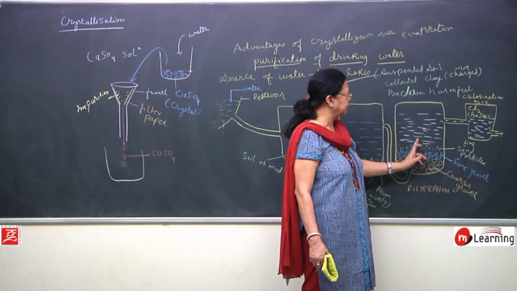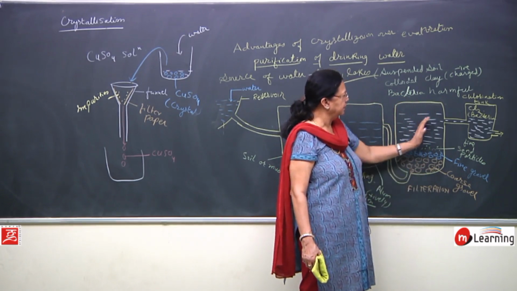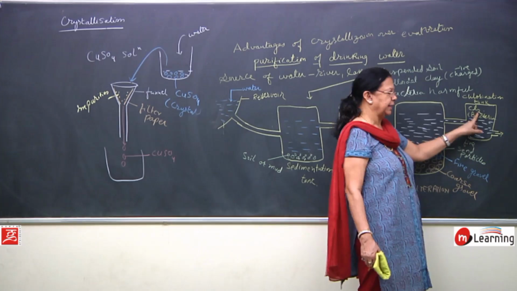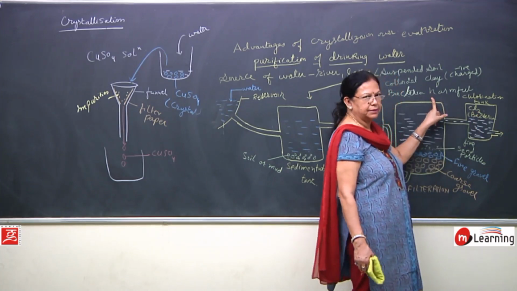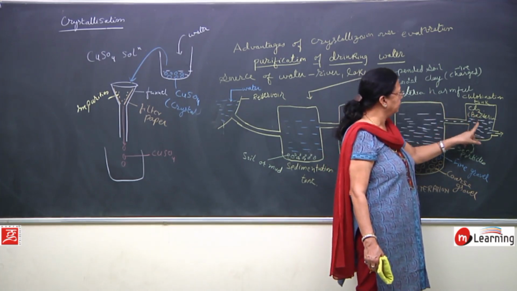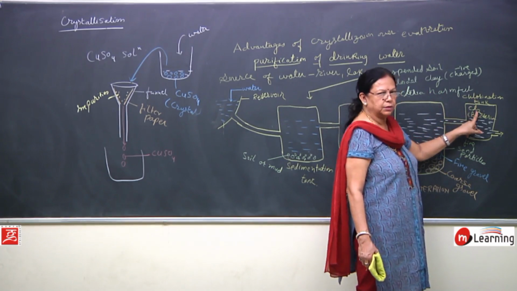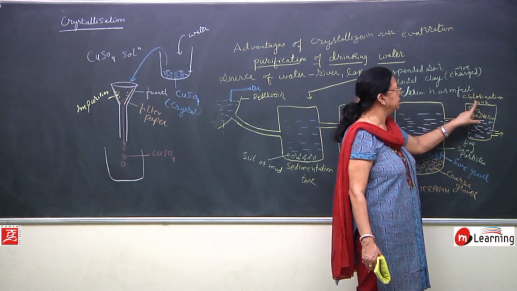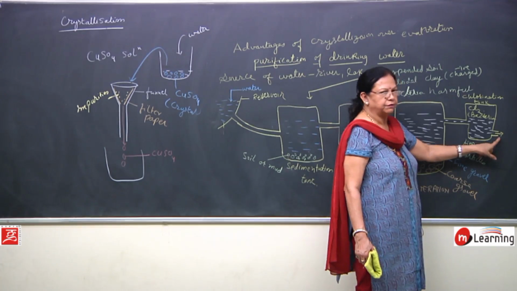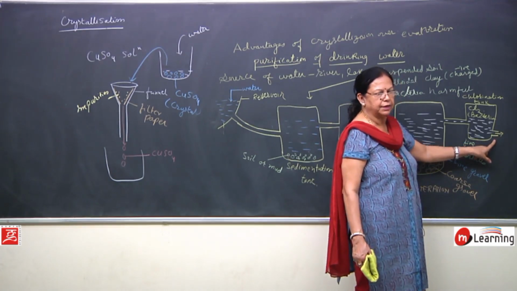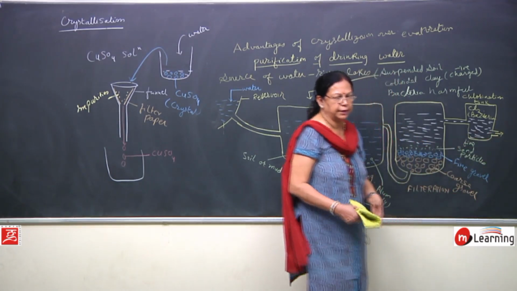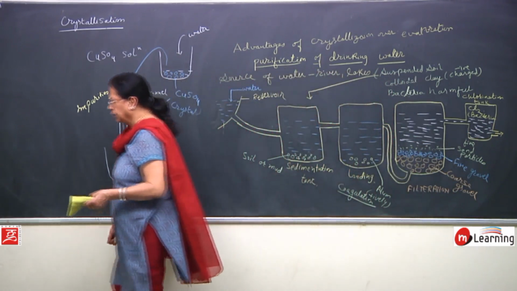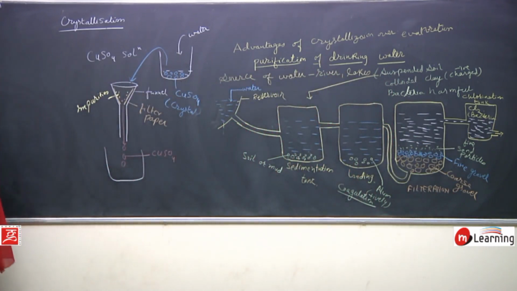Now, after filtration, this water comes up, and the harmful bacteria present in the water are removed by treating this water with chlorine, and this is the chlorination tank. Now, this water which comes out of the chlorination tank is pure and fit for drinking. So, in this way we remove all the impurities present in the water.